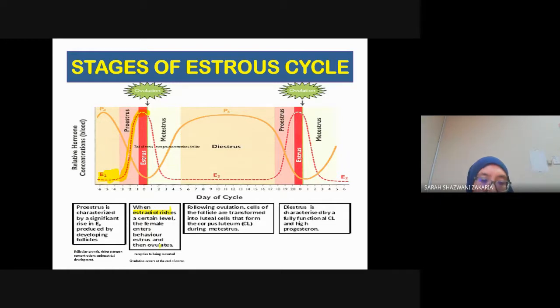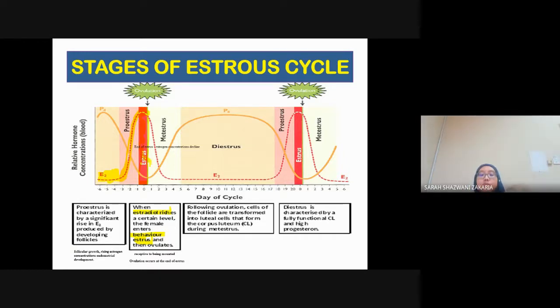Then it enters behavioral estrus, meaning after proestrus, when estrogen is at its high peak, we human beings can observe the on-heat behavior of the female animal.